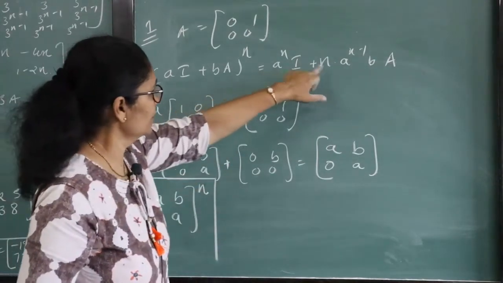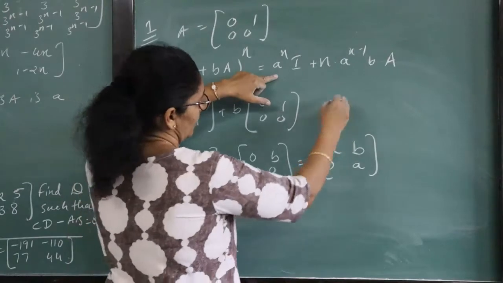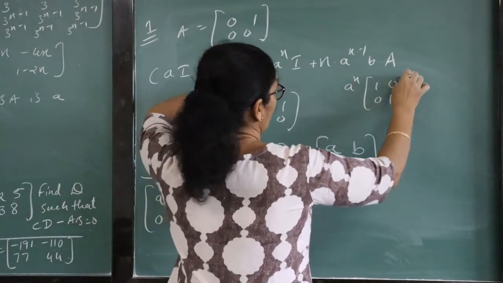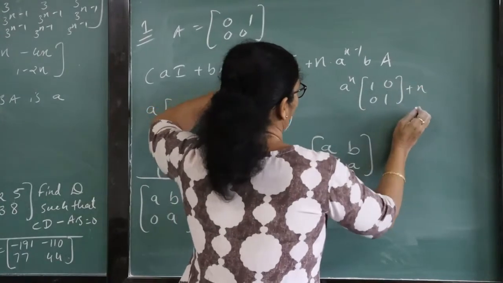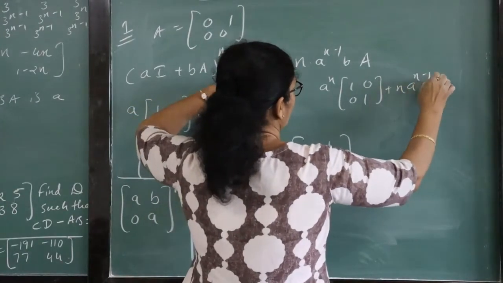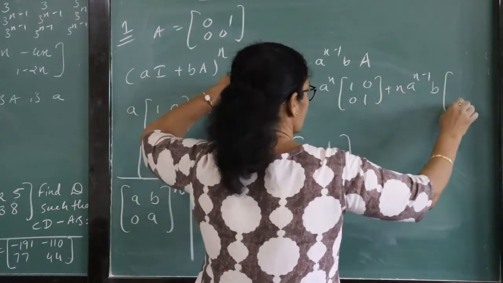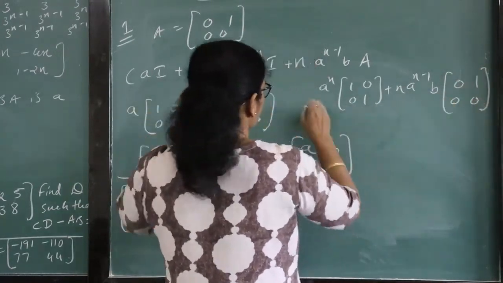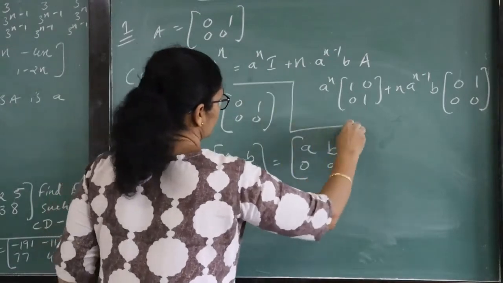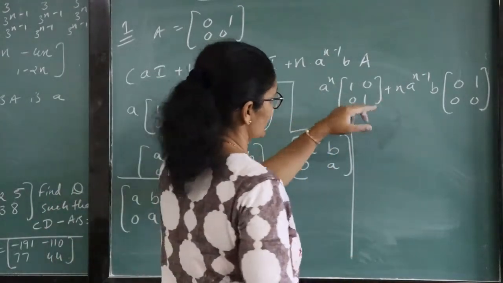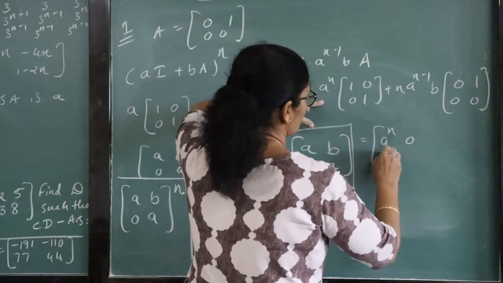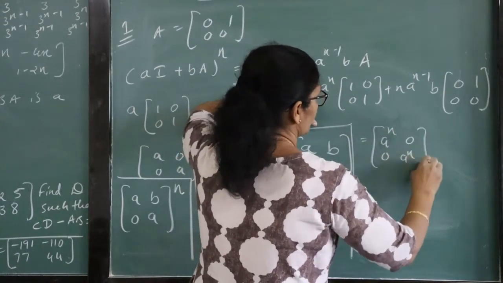Now let's start from this side: a^n times identity, so a^n into [1 0; 0 1], plus n a^(n-1) b, with A as it is, [0 1; 0 0]. Now let's take it inside. So we get [a^n 0; 0 a^n].